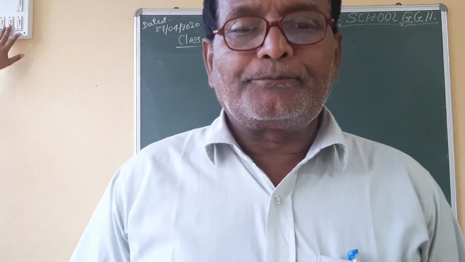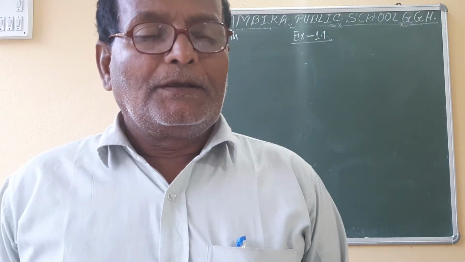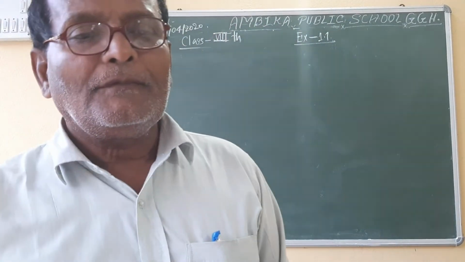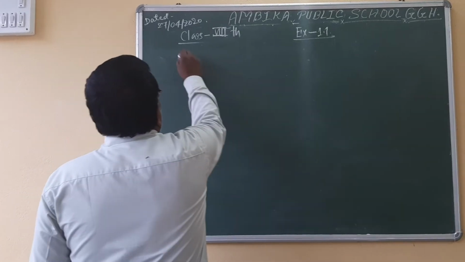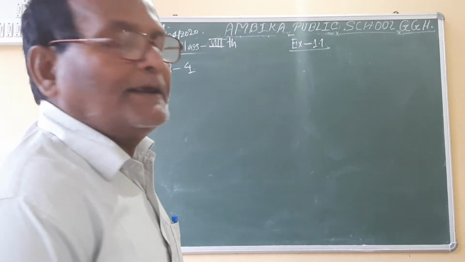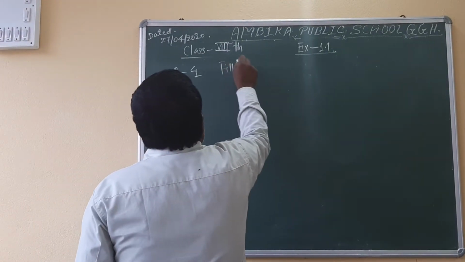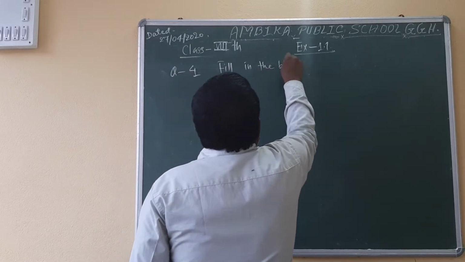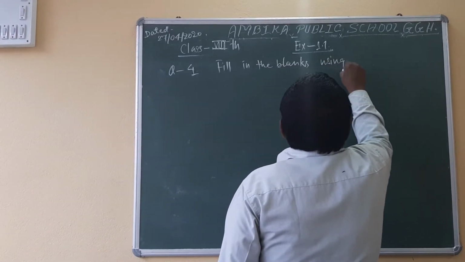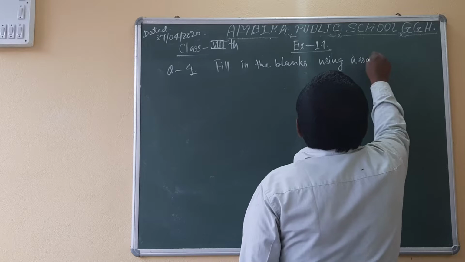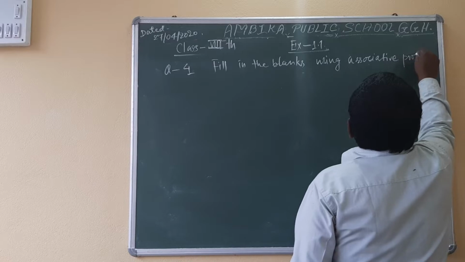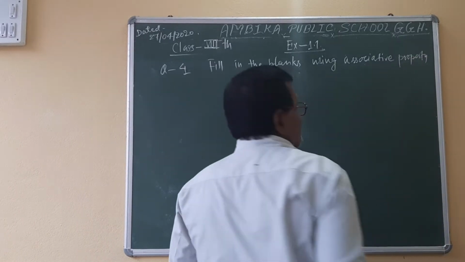Question number 4 of exercise 1.1 is: fill in the blanks using associative property.